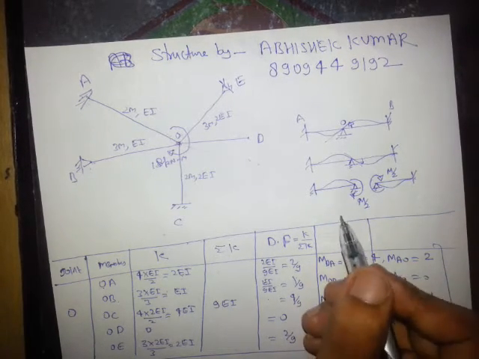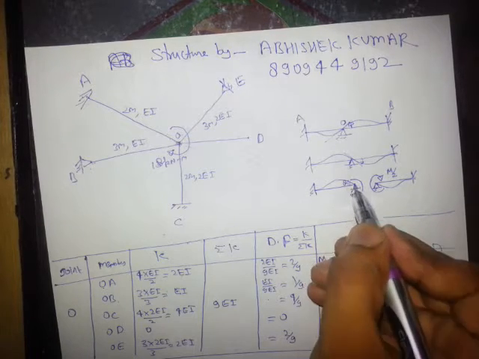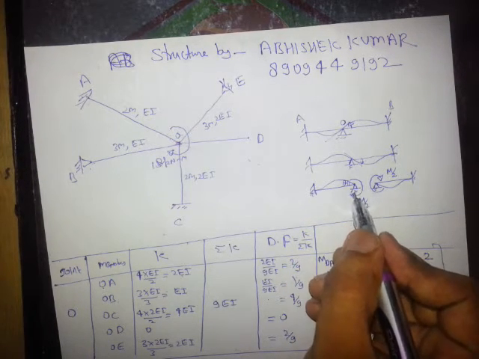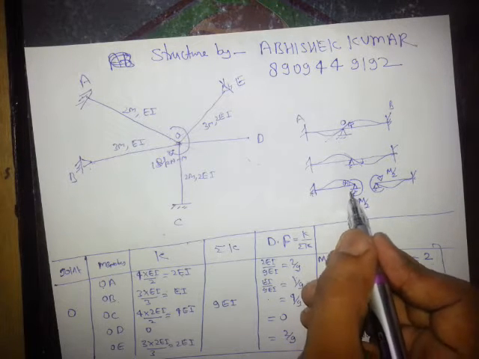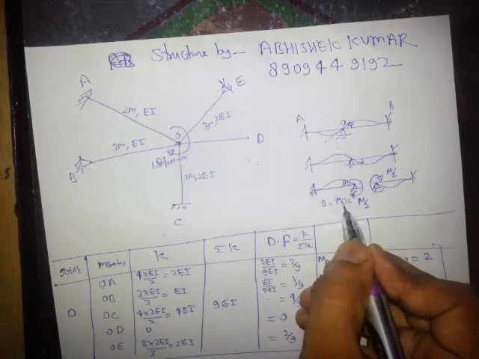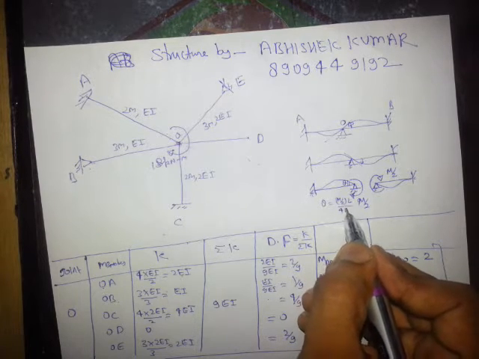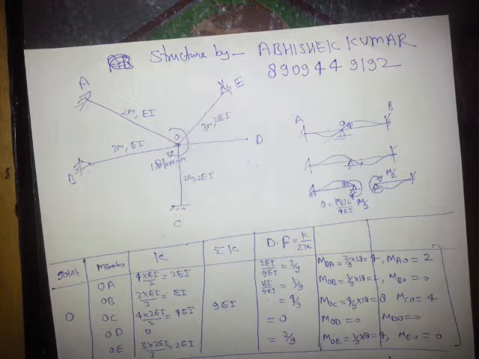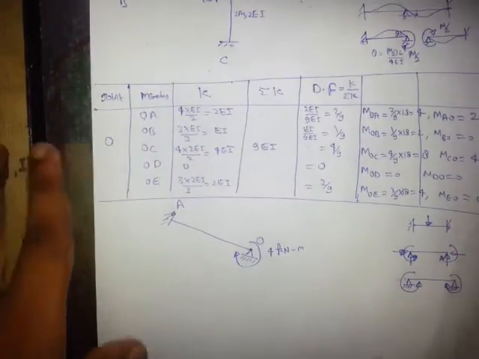Now we can say that this theta, since the far end is fixed, is simply solved, M moment is applied. The direct formula is theta equals ML upon 4EI. So we can calculate like this. For example, this is the question.